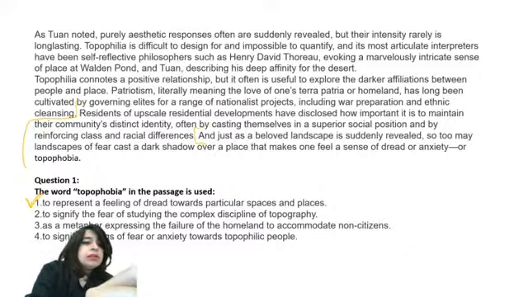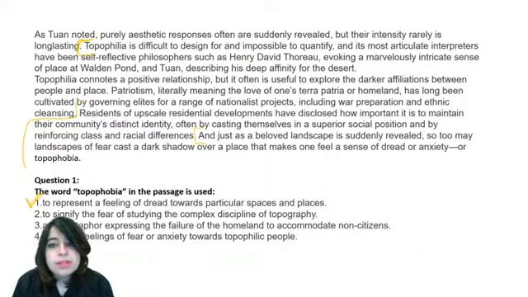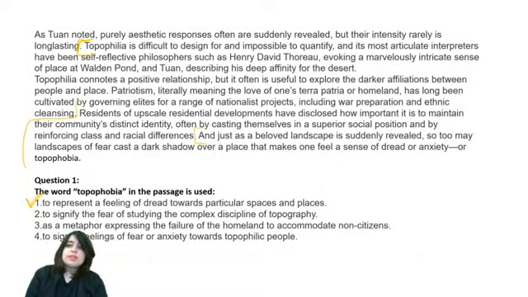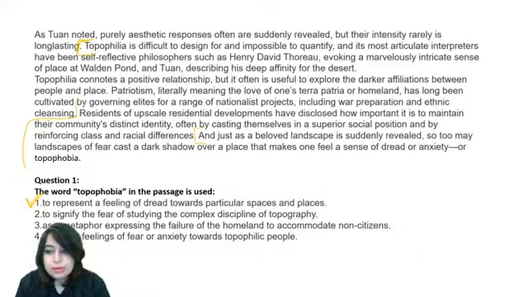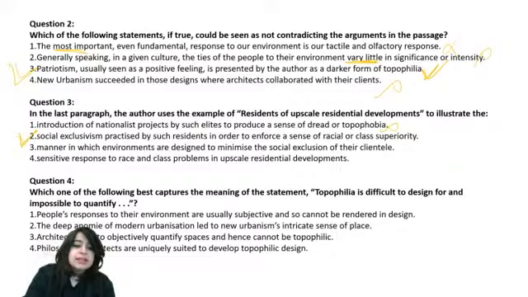Yes, here. It says topophilia is difficult to design for and impossible to quantify, and its most articulate interpreters have been self-reflective philosophers such as Henry David Thoreau, evoking a marvelously intricate sense of place at Walden Pond, and Tuan, describing his deep affinity for the desert.